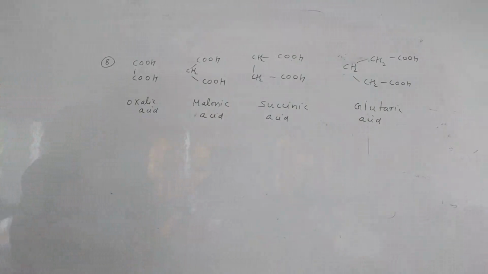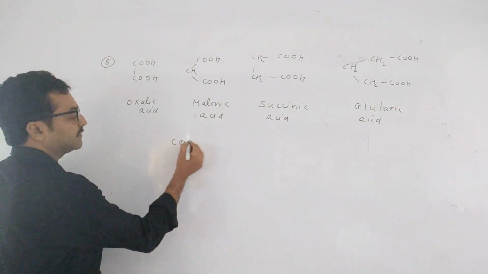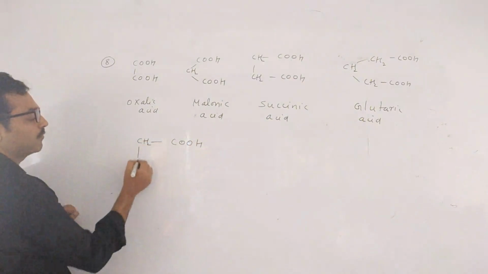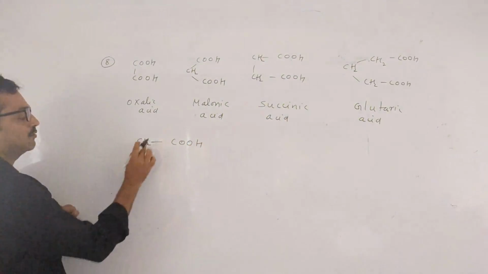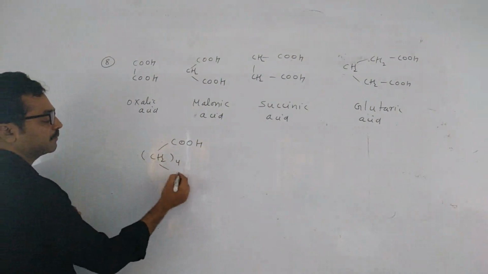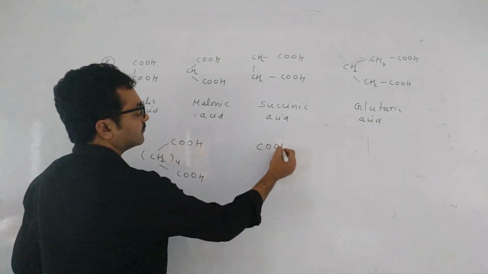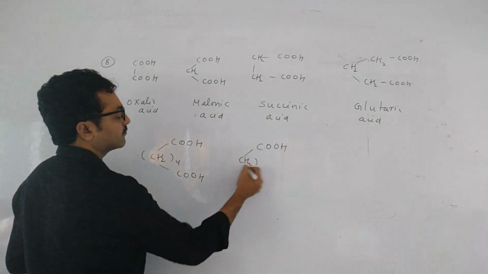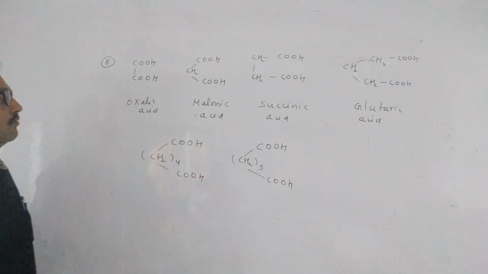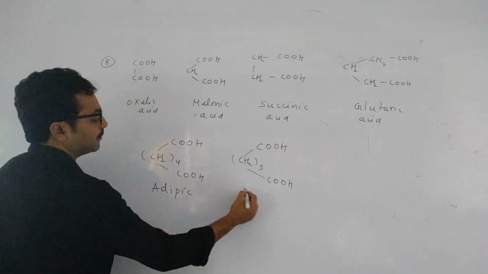So oxalic acid, malonic acid, succinic acid, glutaric acid. Next will be adipic acid. How many CH2s will adipic acid have? You will have 4. I am writing like this in order to save space. And next will be 5. This is adipic acid and this is our fumaric acid.